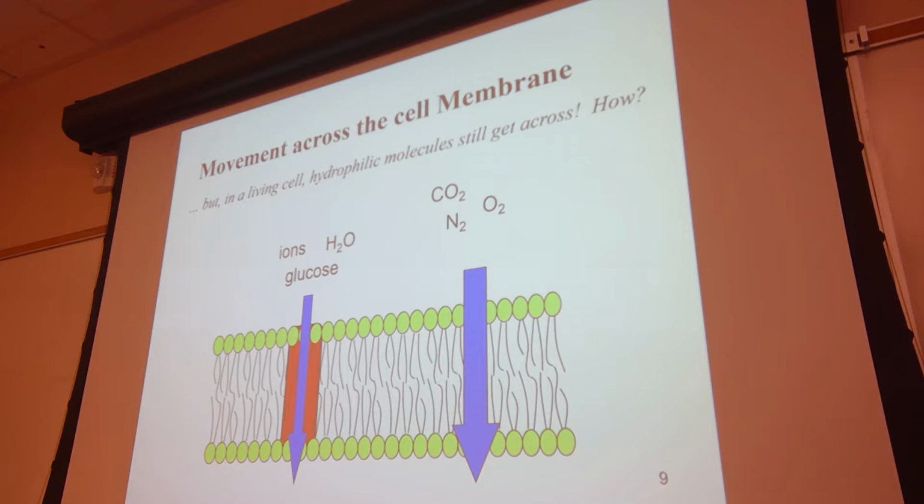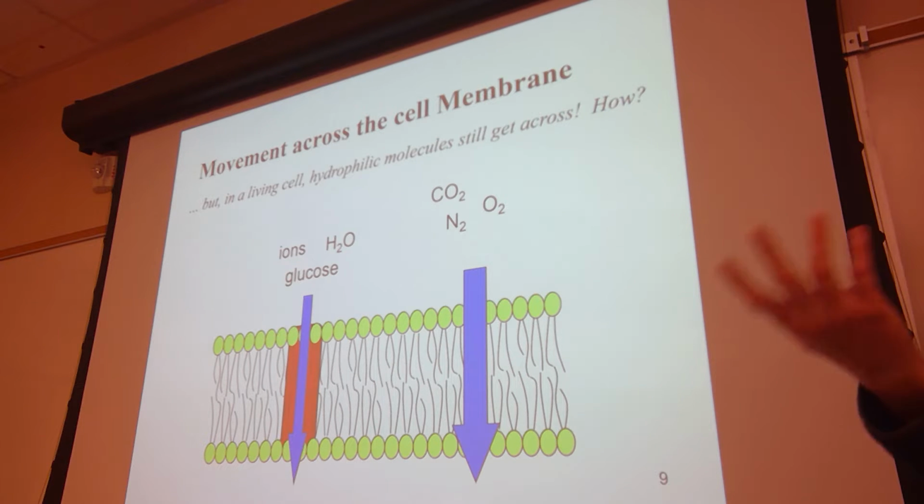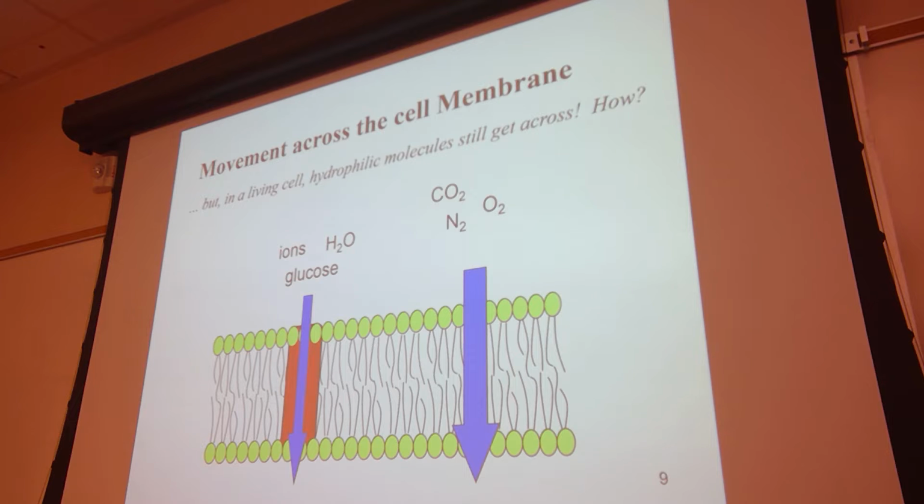We will be playing with a dialysis membrane next week for a wet lab in class. So you get to have fun again next week. After your exam is over, you get to have fun again. We're going to do a dialysis membrane experiment using sugar, and we're going to see when it can get through and when it can't.